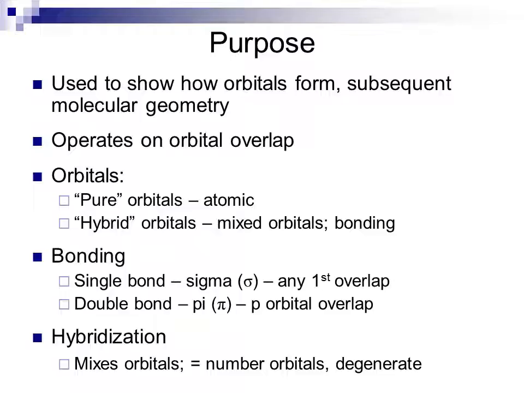So if I have an sp2 orbital, for instance, I have an s and two p's, so I get 3 sp2 orbitals out of that hybridization process. And all the orbitals in a hybrid series are degenerate. They are all the same energy. While an s orbital and a p orbital are different energies, the mixture of the s and the p orbitals together creates degenerate orbitals of the same energy.